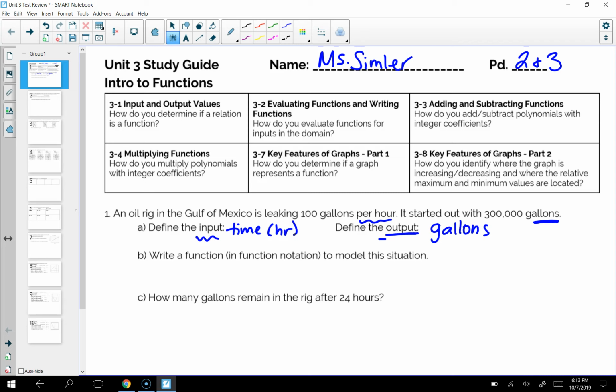All right? So the gallons after a certain amount of time is going to equal. Do y'all want to use H? Let's use H for hours. I think that'll be better. Let's do gallons after hours equals.